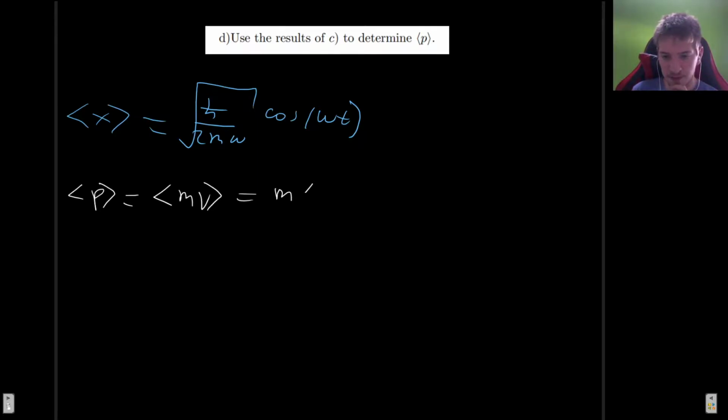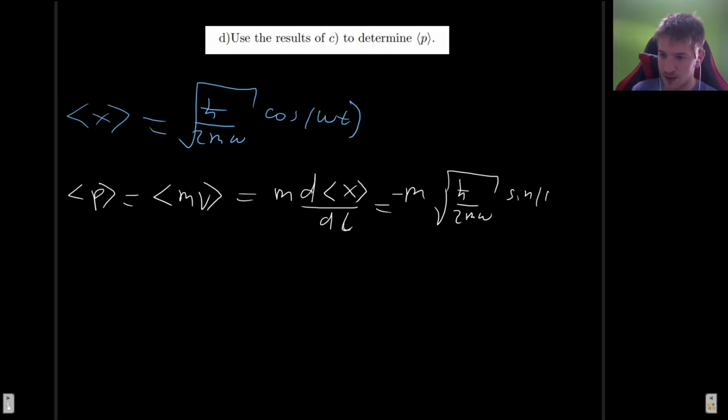So it's going to be m, and this velocity. It doesn't really make much sense to talk about the velocity of a particle that doesn't really have a definite position. So we talk about the time change of the expectation value of the position. And that is what we just found. So this is just going to be m times square root of h bar divided by 2m omega times the time derivative of the cosine, which is just going to be minus this whole thing, sine of omega t times omega.